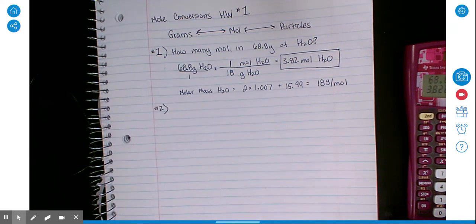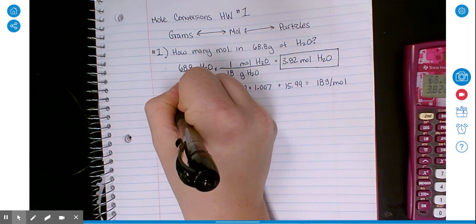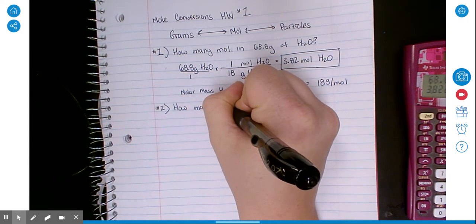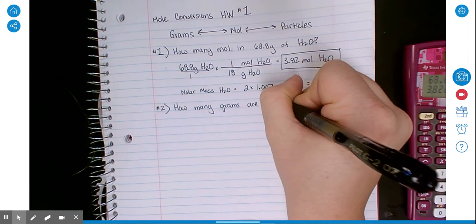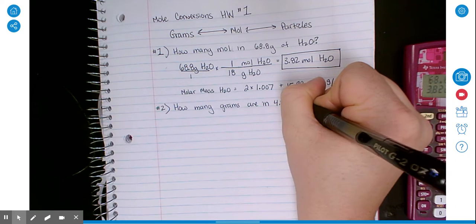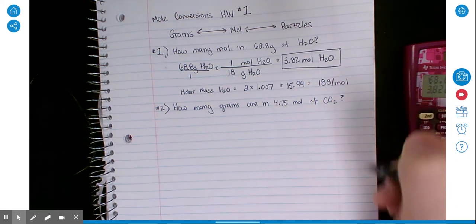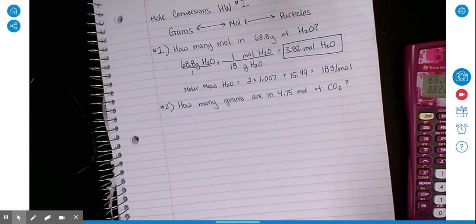Number 2, we're going to be looking at a different compound. We are going to be looking at how many grams are in 4.75 moles of CO2.